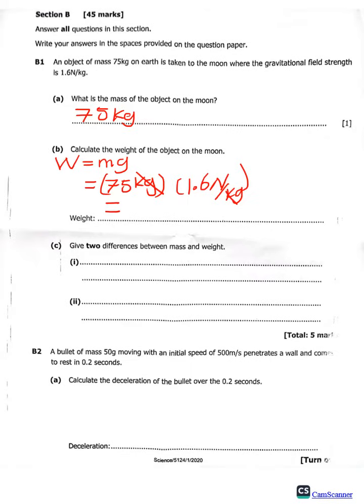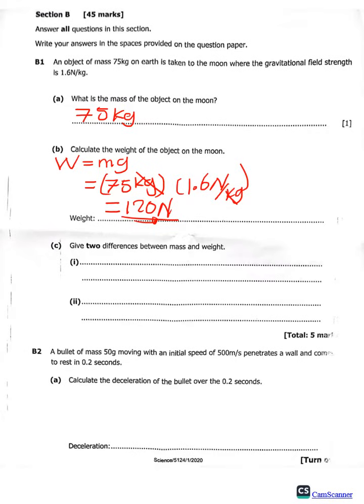So if we multiply 1.6 times 75 it is 120. So we have 120 newtons. So the unit for weight is newtons, and you also have to make sure that the mass should be in kg whenever you are calculating the weight.